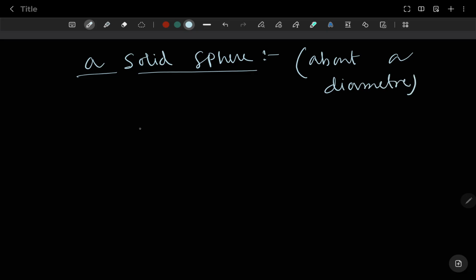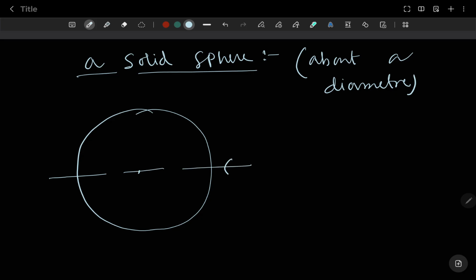Let us take a solid sphere like this. Let us calculate the moment of inertia about this diametrical axis. First, let us consider a strip which will be a disc.